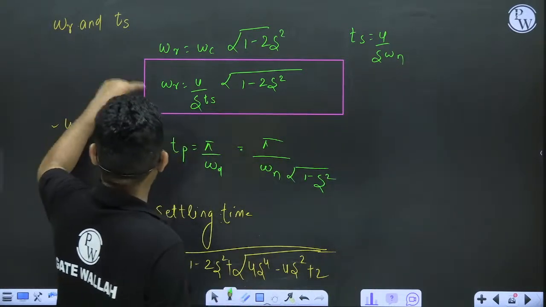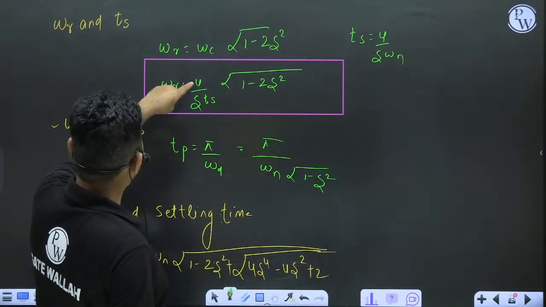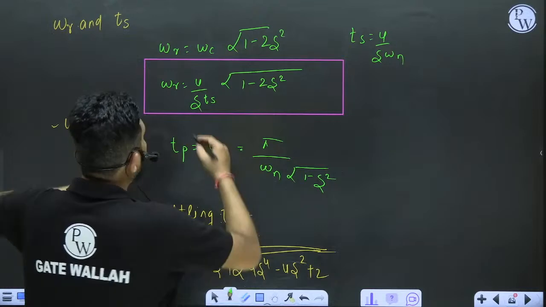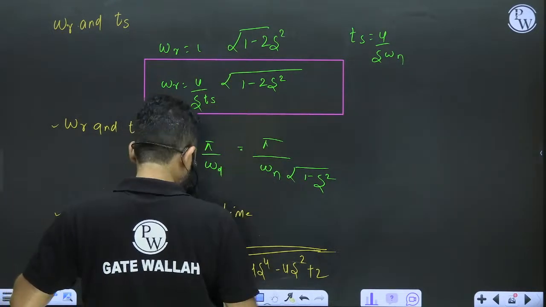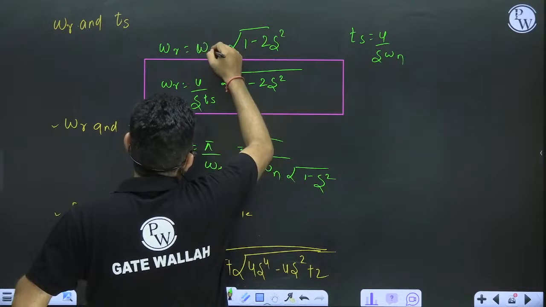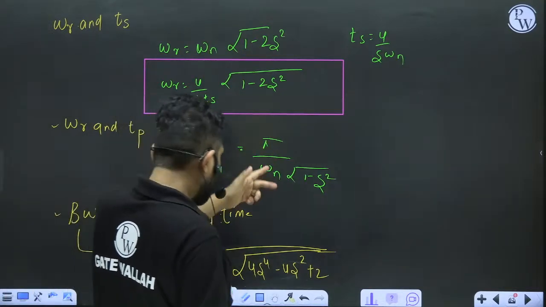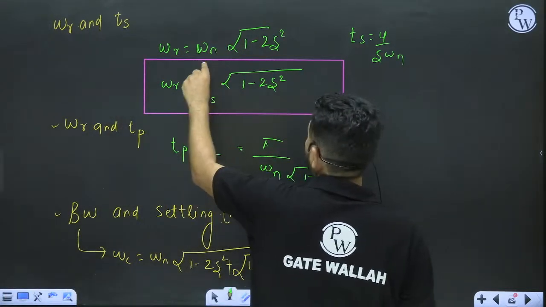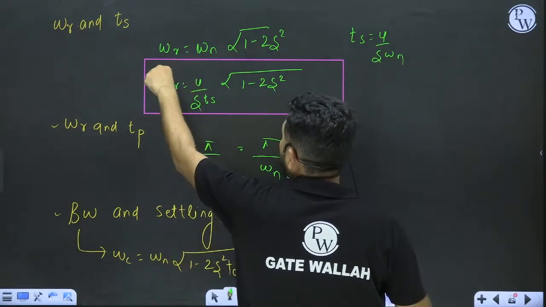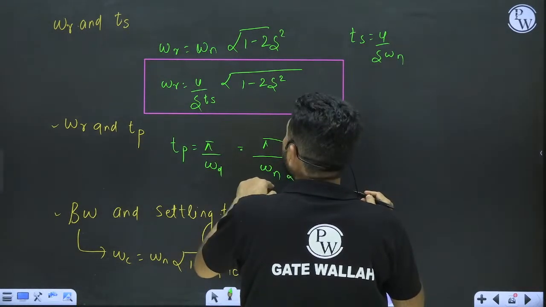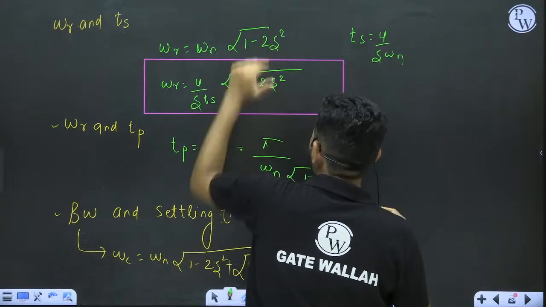So instead of omega n, what is the omega r? Omega r is omega n root of 1 minus 2 zeta square.